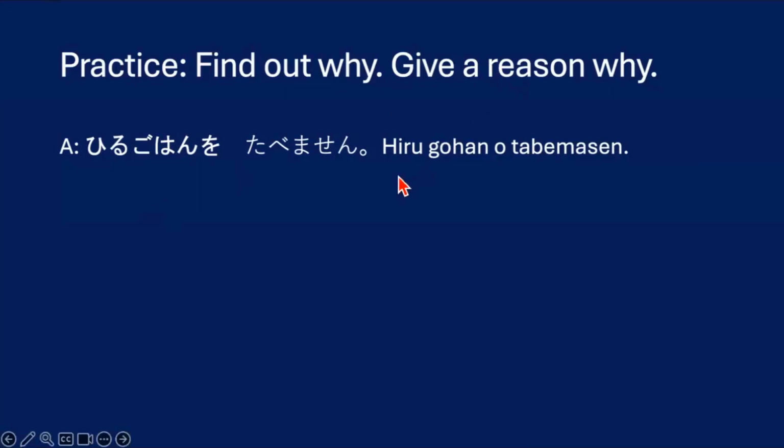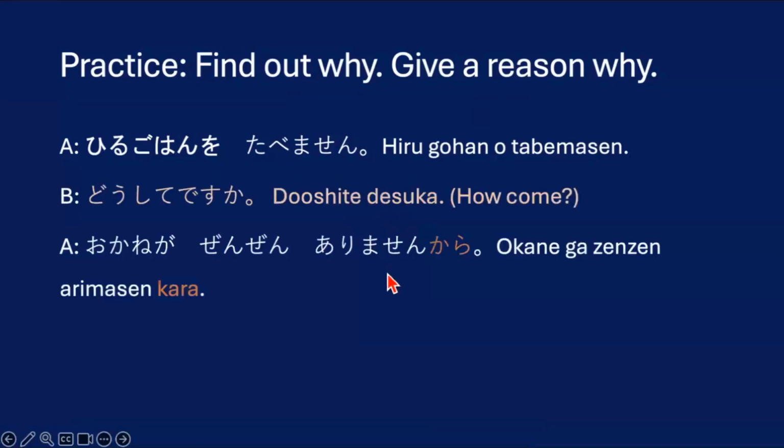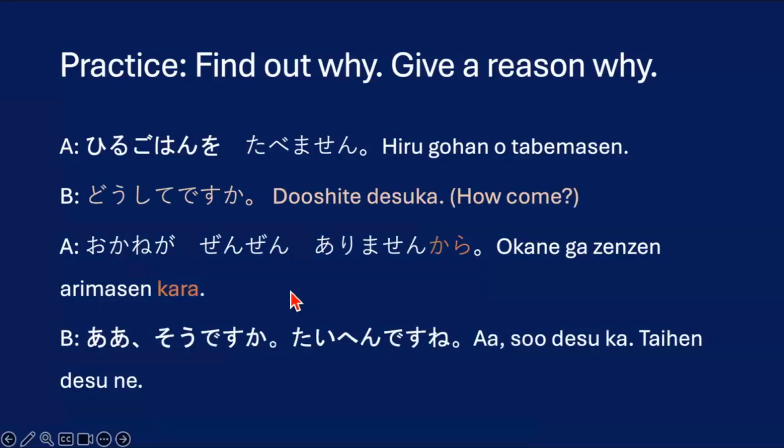Okay, maybe. That will be my case. お金が全然ありませんから. So I don't have money at all. ああ、そうですか. Okay, new information. 大変ですね. Yes, this is a very troublesome situation. 大変. 大変ですね. So a comment like that you can make.